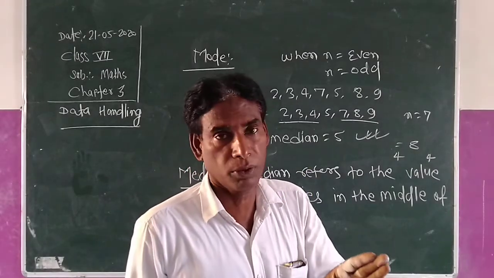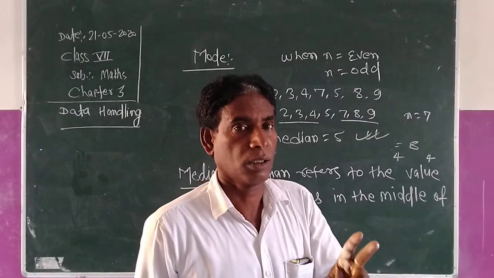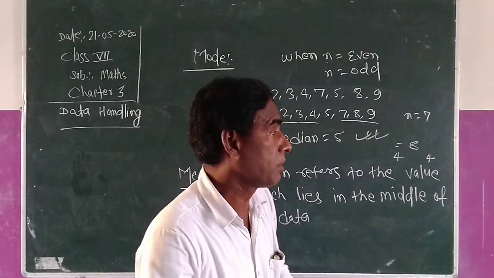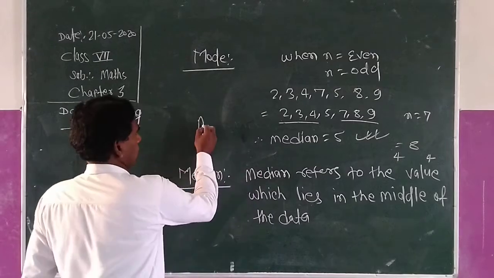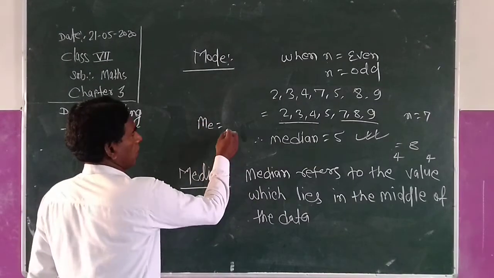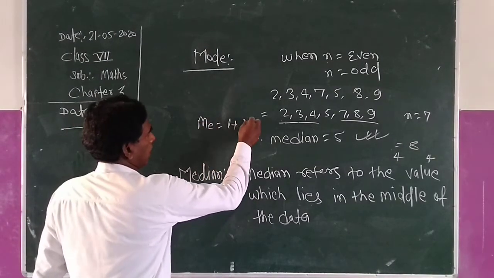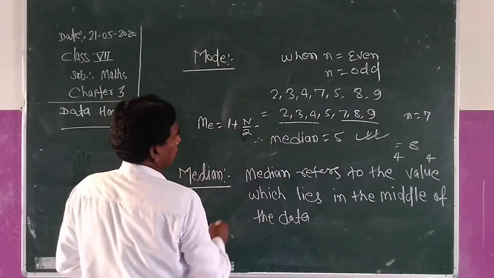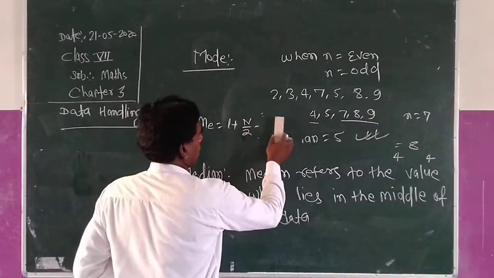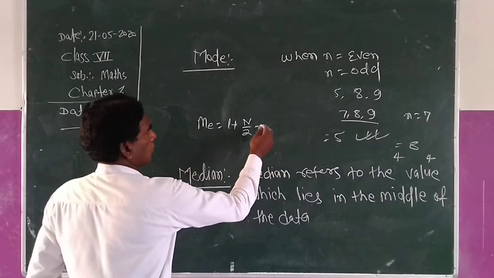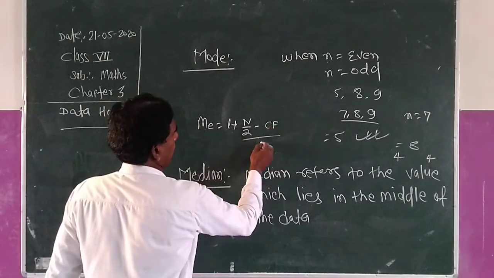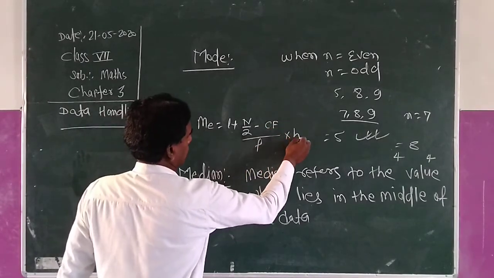And there is a long formula for the median in 10th class: Median is equal to l plus, n by 2 minus cf, divided by f, into h.